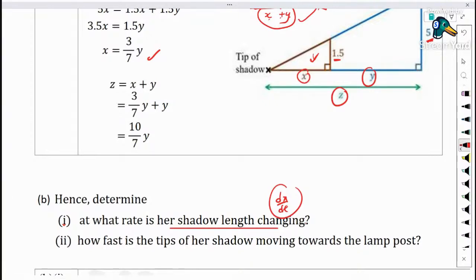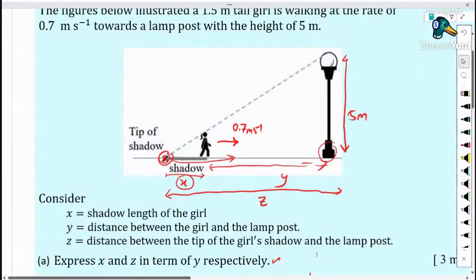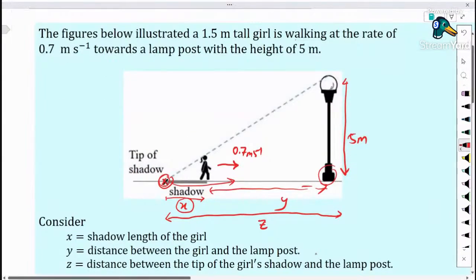And this length here, if you realize, when the girl is moving closer and closer to the lamppost, the length here will be reduced. And I suppose this answer will be a negative result. And what can I make use of to get the rate of change here? Overall in the question, I only have one rate of change, which is 0.7 meter per second.